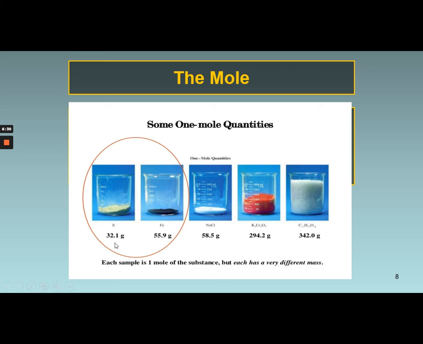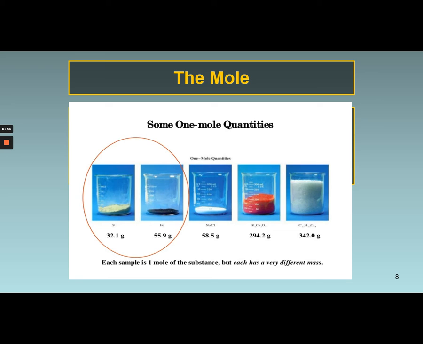In this 32.1 grams, which is 1 mole, there are exactly 6.022 times 10 to the 23 atoms of sulfur. We just can't count individual atoms, and we can't measure the mass of atoms. So they came up with this nice convenient unit to convert between things, called the mole.